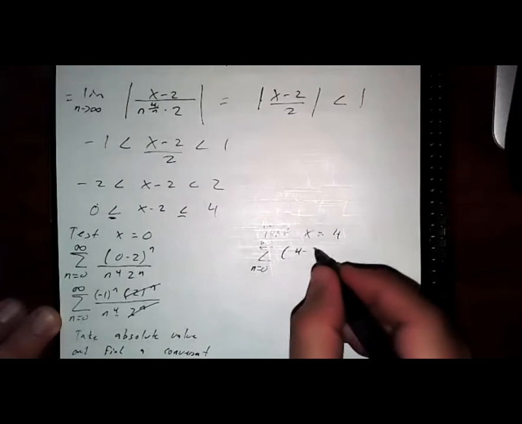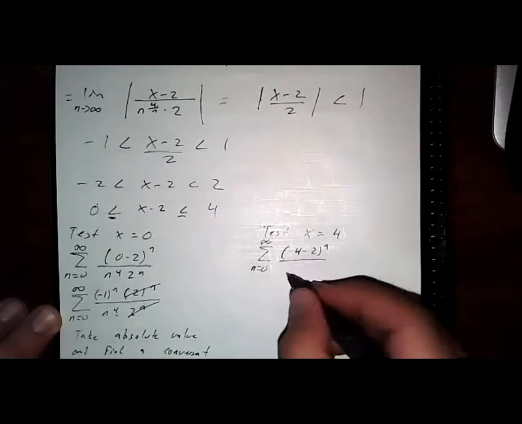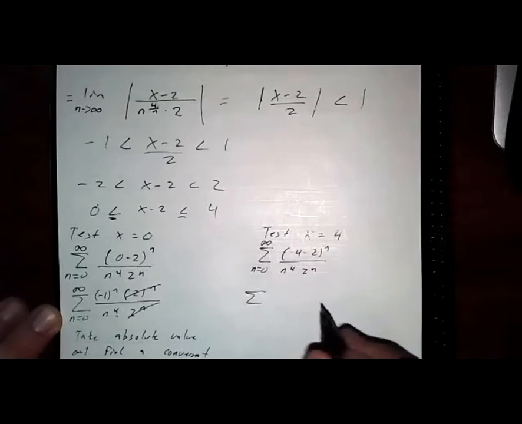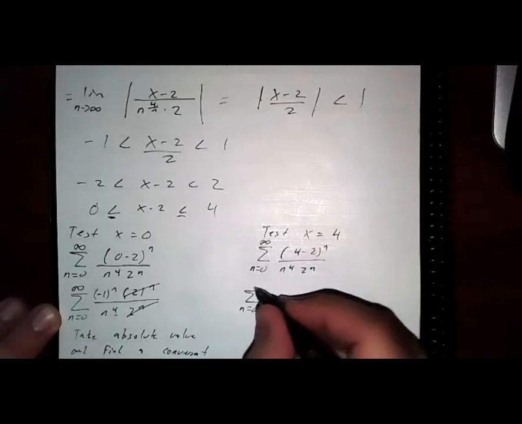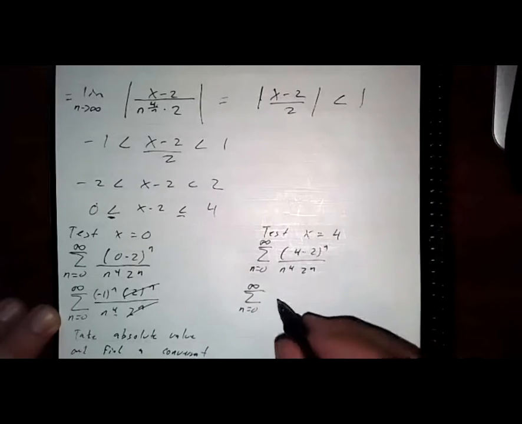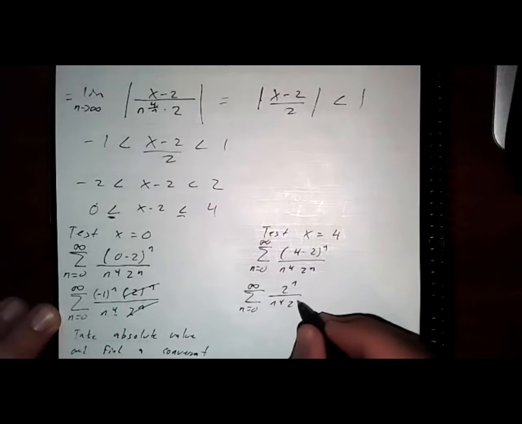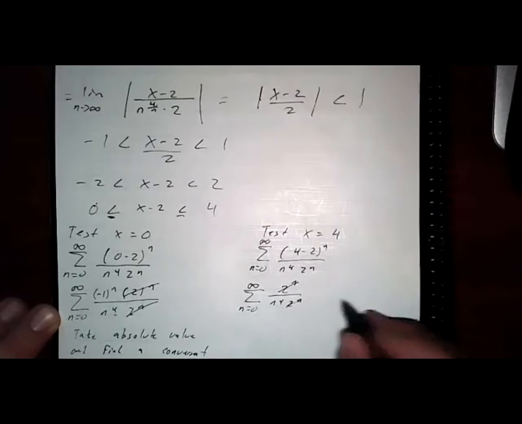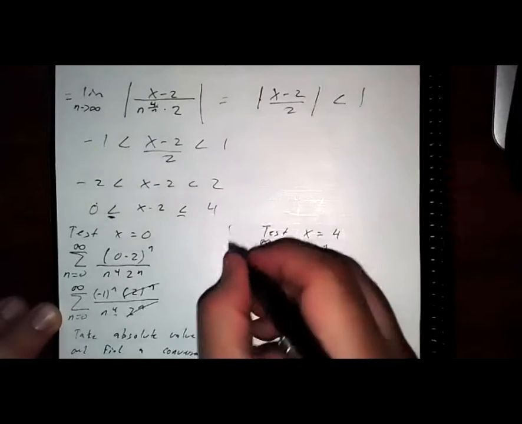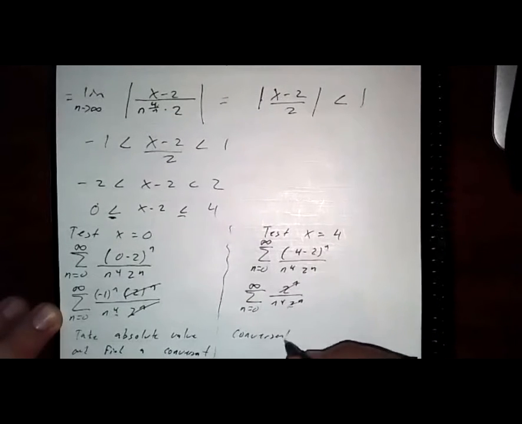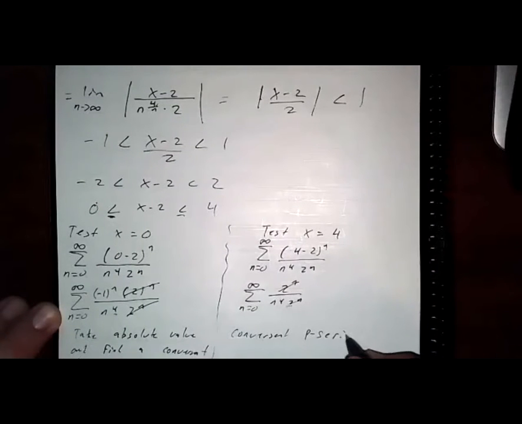The sum of (4 minus 2)^n over n^4 2^n, n equals 0 to infinity. So that's going to be a 2^n over n^4 2^n. So these cancel, and there you're left with, so this is a convergent p series right here.